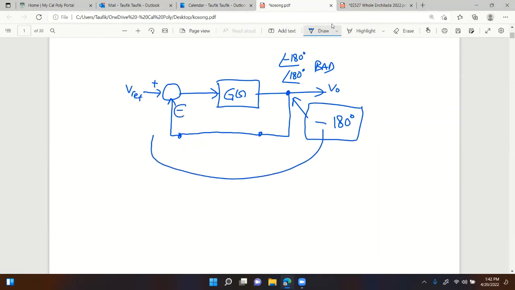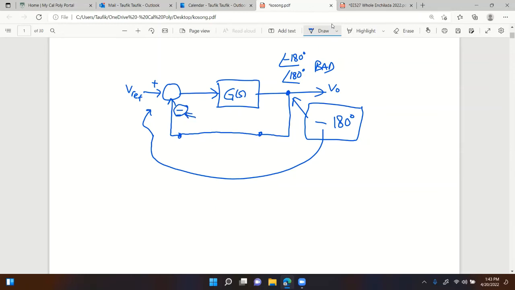That's my hint right there. It's going to act like positive feedback. That's correct. So keep in mind that most systems usually utilize negative feedback. Negative means on the feedback path, there's a negative sign right there, right? Negative means what?